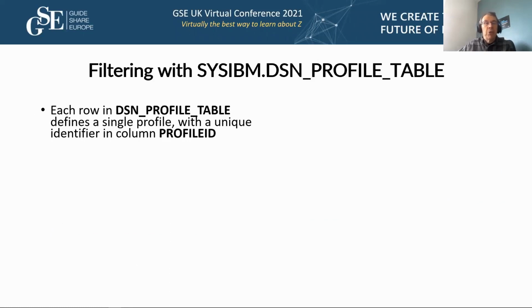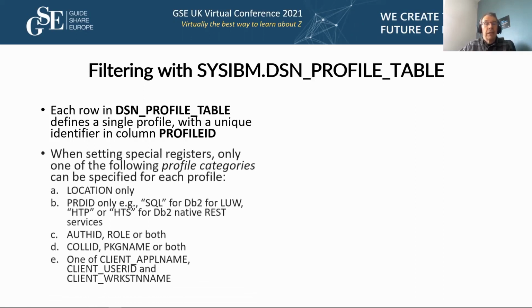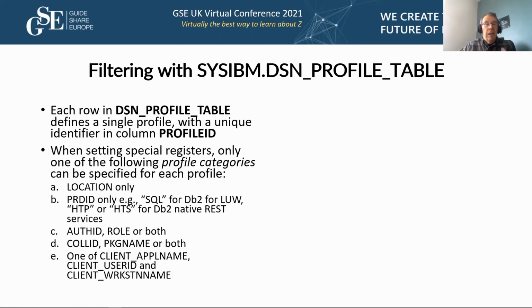So yeah, we do. Each row in the profile table, that's the first important point, defines a single profile with a unique identifier in column profile ID. So that must be unique. And we're going to restrict this discussion onto setting special registers, which is what you need to do when you're directing applications to a particular APPLCOMPAT level.